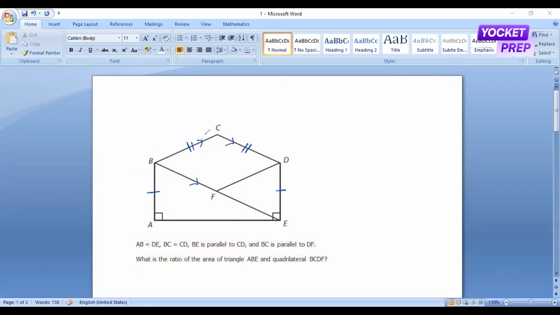BC, so these two are also parallel. You have been asked to figure out this area to this area ratio. Maybe like you can say 2:1, 1:1, 3:2, whatever.